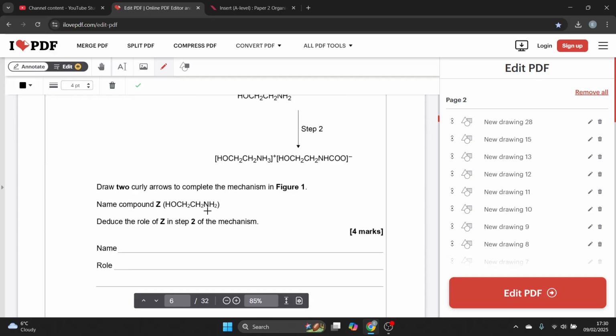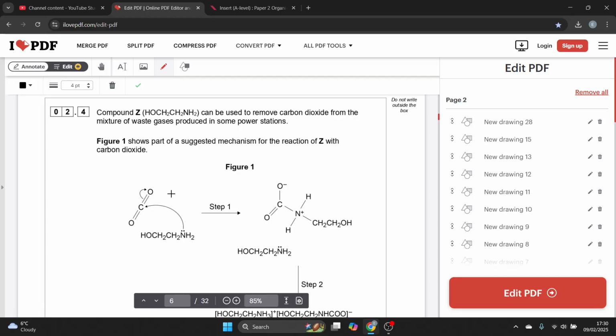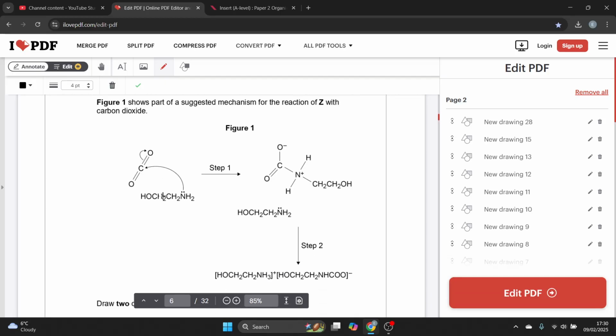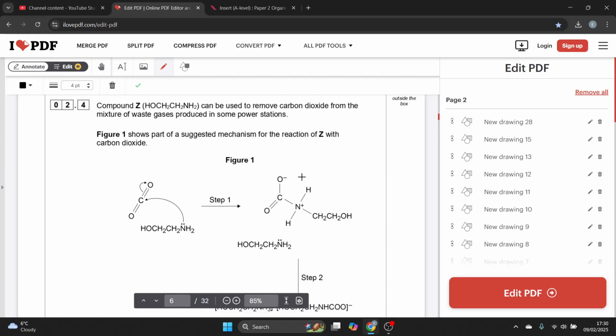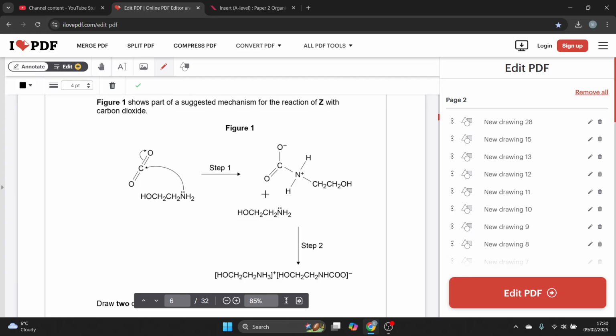Draw 2 curly arrows to complete the mechanism in figure 1. Figure 1, so it is... I don't know what's going on here, but yeah, that goes to there, then it goes to here, then what happens? Well then, oh right, it's that excess ammonia thing.